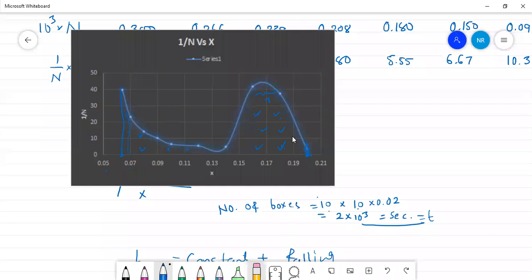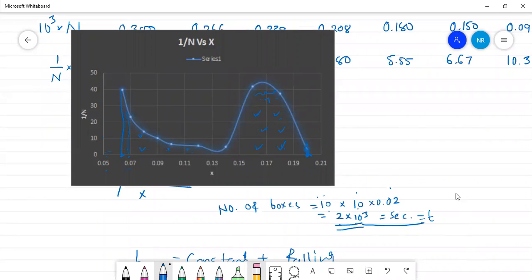So 10 multiplied by 10 on the x-axis, multiplied by the difference 0.02, one box here, one box. So 1 divided by n is raised to 10 raised to 3, so 2 multiplied by 10 raised to 3 seconds will be the total time required for the falling rate period.